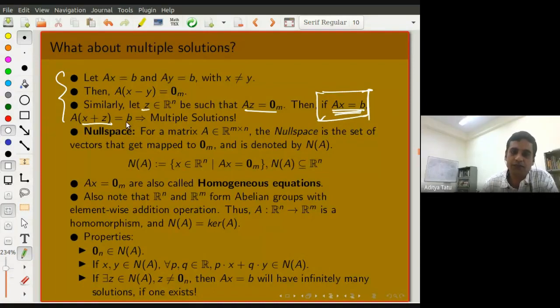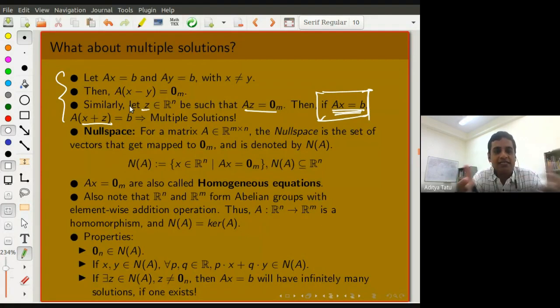That also is equal to B. So multiple solutions are directly tied to whether there is a non-zero vector z such that Az is equal to 0. So all vectors z such that Az equal to 0 are very important, because they allow us to answer whether there will be multiple solutions or not.